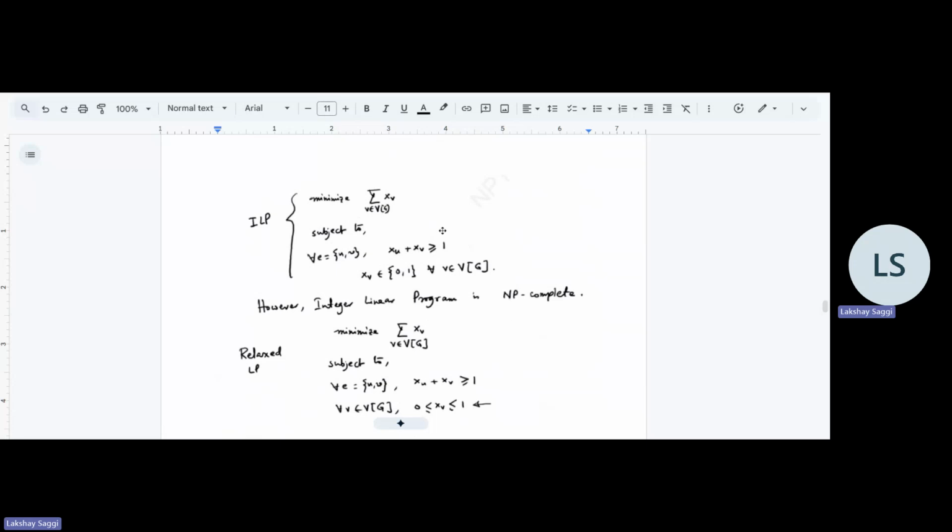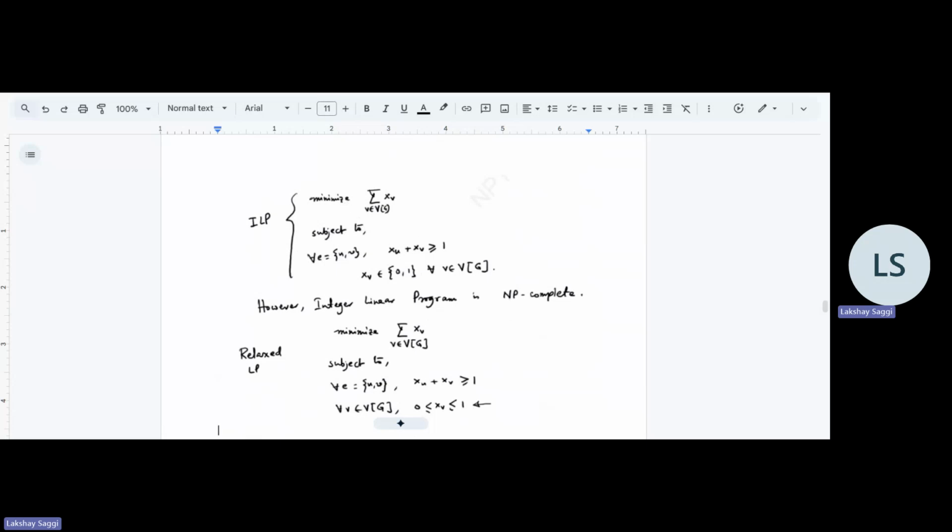This means that xu plus xv is greater than or equal to 1, and this should hold for all the edges. Then it is indeed a valid vertex cover. And all these xv's take either 0 or 1. This is how you can write the vertex cover problem as an integer linear program.